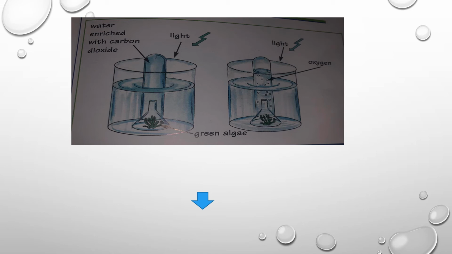This beaker was placed in the sunlight, and after a few hours we noticed that there are a few bubbles going up and the water level in the test tube is going down.